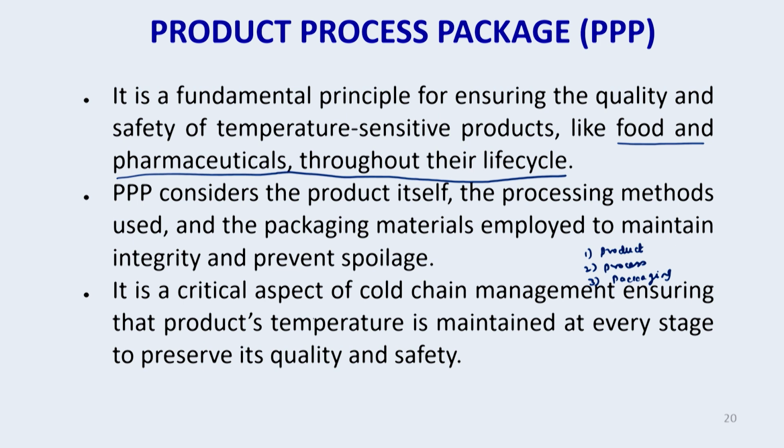It is a critical aspect of cold chain management, ensuring the product temperature is maintained at every stage to preserve its quality and safety. Because the packaging material, and the gases present inside the packaging material at the time of packaging the product, play a major role in maintaining the quality of the product.